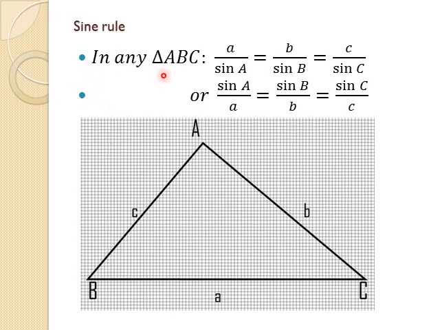So, in any triangle ABC, a over sine A must equal b over sine B equal c over sine C. Or we can invert the fractions and say sine A over a equals sine B over b equals sine C over c.